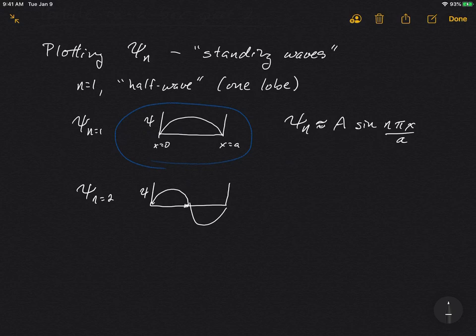In our first state, it looks like the most probable place for the particle to be would be right smack dab in the middle of the box. Whereas for n equals 2, there's actually no probability density right in the middle of the box, which could seem strange, because how could there be probability density on either side of the midpoint of the box?